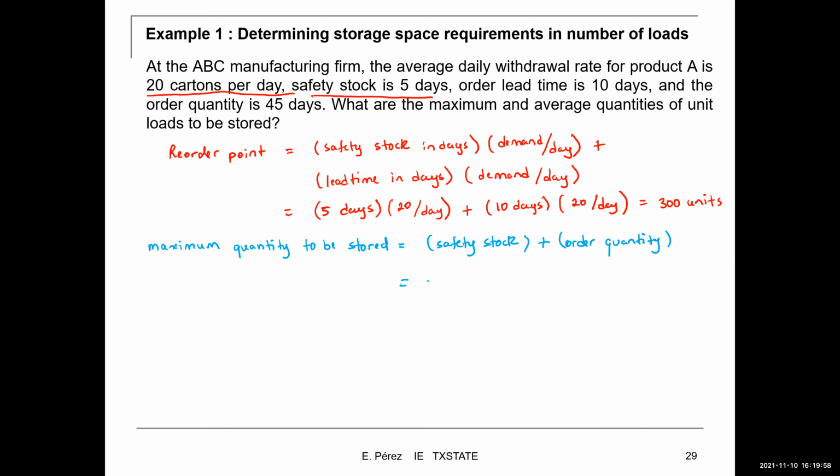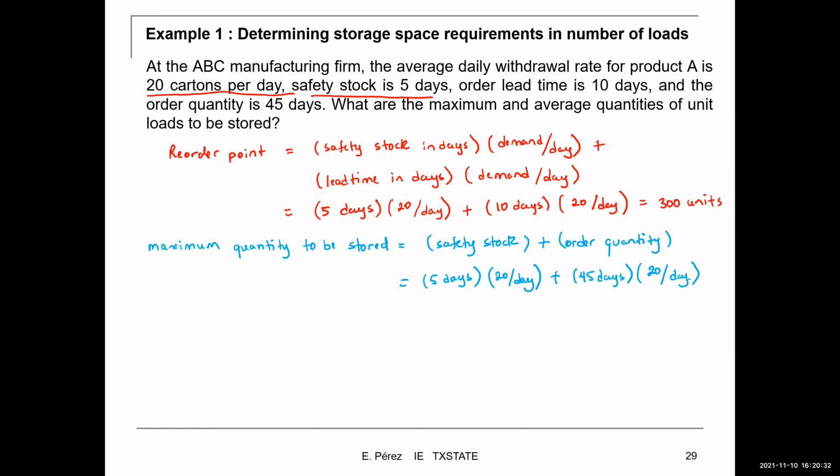So the safety stock is 5 days times 20 a day. And the order quantity will be the number of days for the order quantity, which is 45, times 20 units a day.